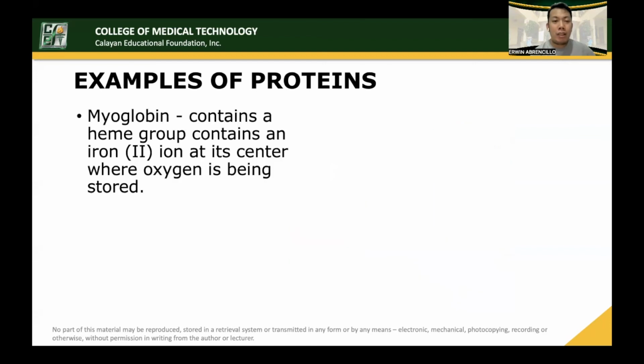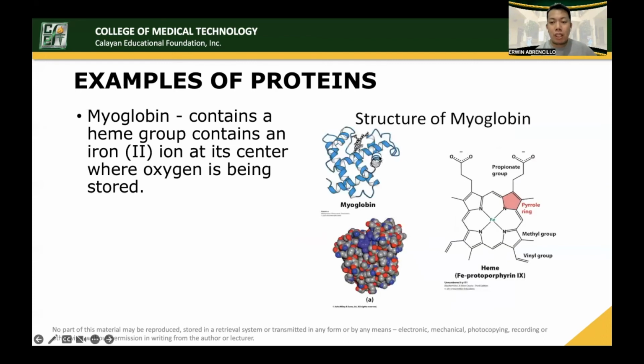Another is myoglobin. It contains a heme group, with an iron 2 ion at its center where oxygen is being stored. If you look at the structure of myoglobin, you have here the myoglobin in 3D, in ball and stick model, showing the structure of the protein. There are actually 4 structures of the protein.